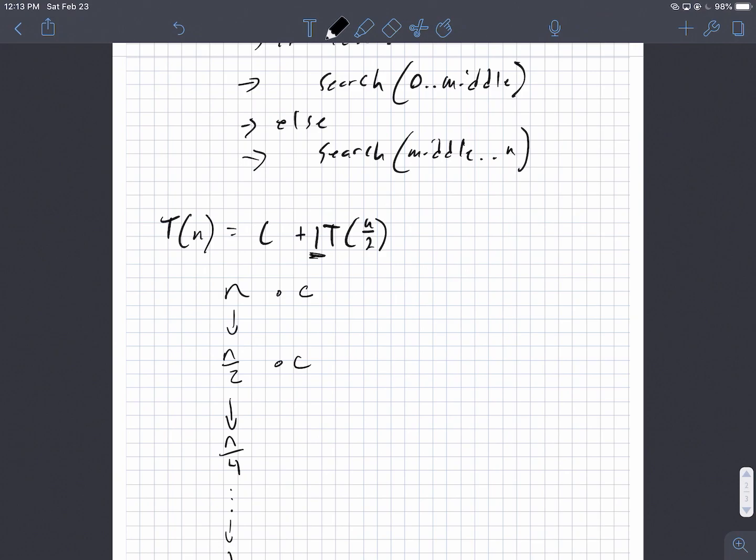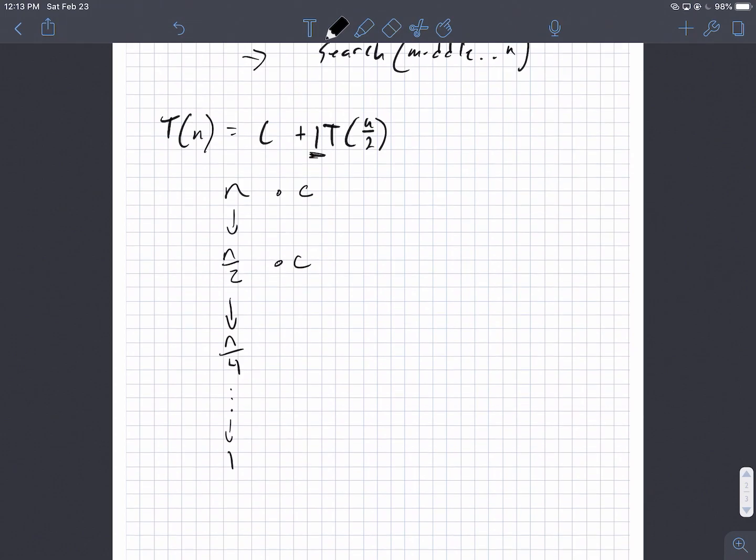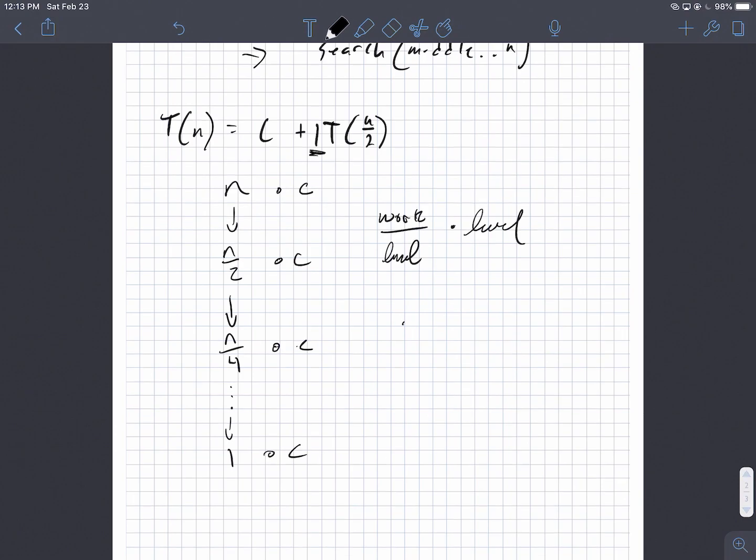Okay, so we know that we have times C at every level. And so to figure out the runtime of a recurrence based on a tree, we have to do work per level times levels. And that'll give us a total amount of work. So, as we saw earlier, work per level is C times the number of levels.